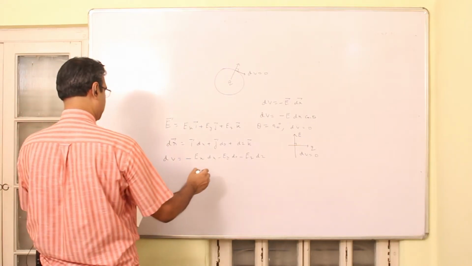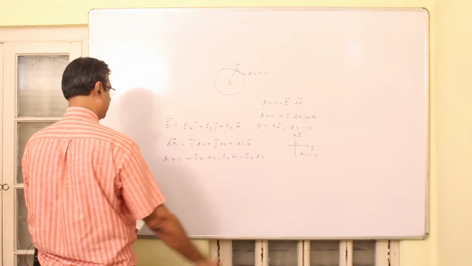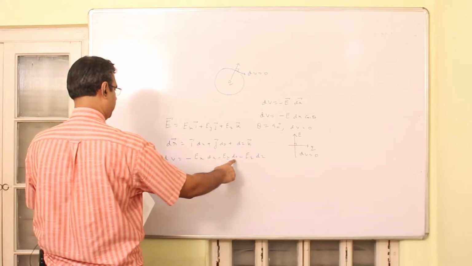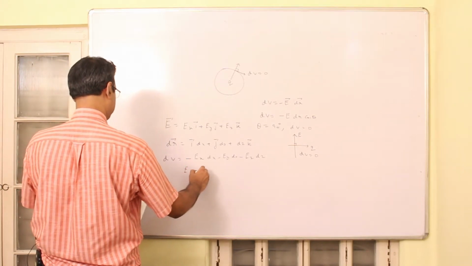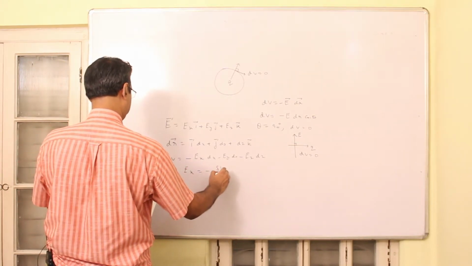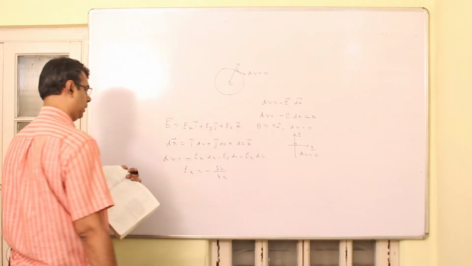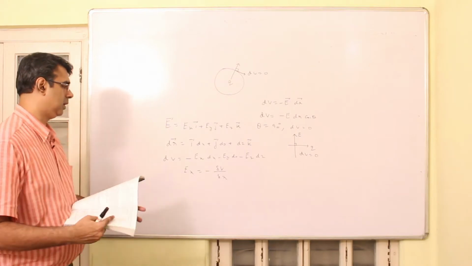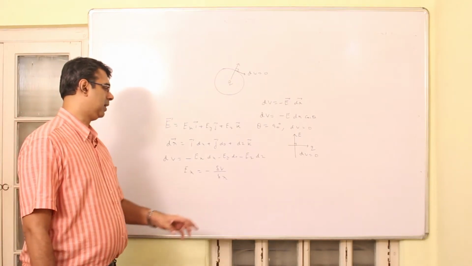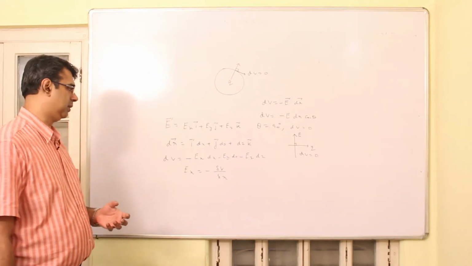First of all, imagine y and z are constant, then dy and dz will become 0. In that case, Ex will be minus delta V by delta x. Now when do we use the symbol delta? The symbol delta is used whenever you are doing partial derivative.